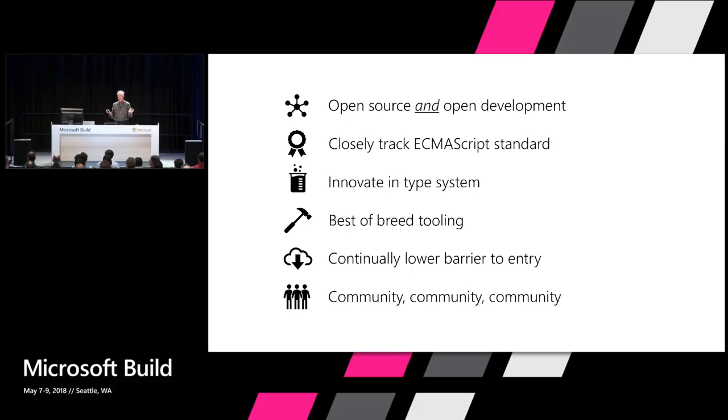So building best-of-breed tooling is absolutely a core mission of ours. Most of our team use Visual Studio Code. How many of you use Visual Studio Code, out of curiosity? Wow, look at that. And you probably know Visual Studio Code is written in TypeScript. We have a great working relationship with that team, and so we are deep believers in dogfooding.